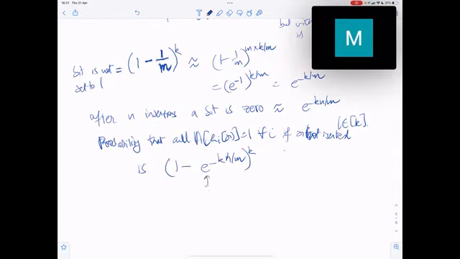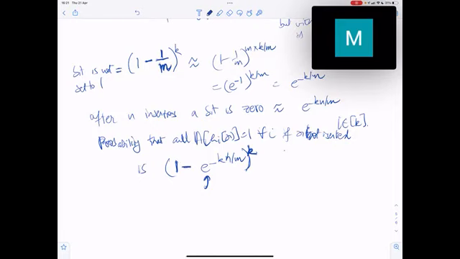This is the probability of there being a 0. 1 minus this is the probability of there being a 1. All of them are 1, assuming that the hash functions are independent and the bits are randomly distributed.